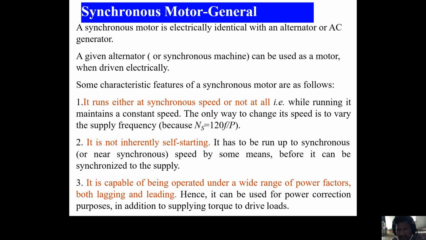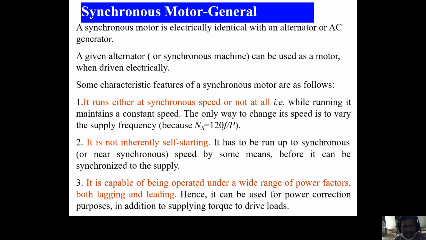At no load condition and over excitation condition, the synchronous motor may act as a capacitor. This condition is called a synchronous condenser. So the synchronous condenser draws a leading current.